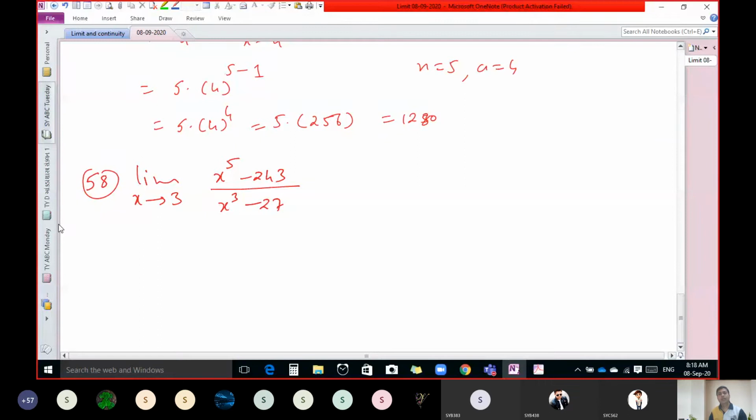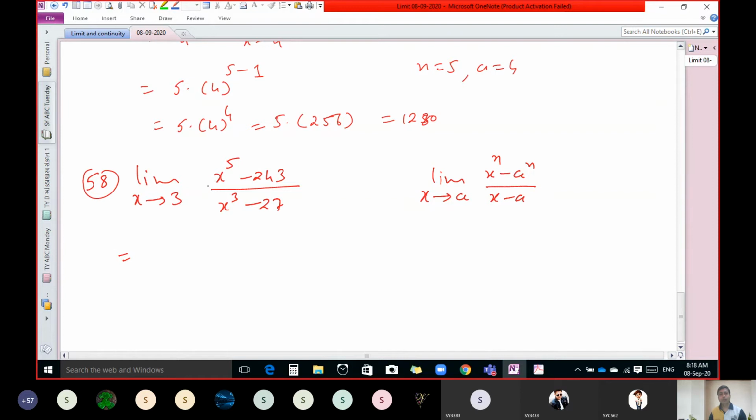Now this example is not exactly the same as our previous question, because in the result it is x raised to n minus a raised to n upon x minus a. That should be x minus a. So what to do? First of all, let us check whether we have 0 by 0 or not.